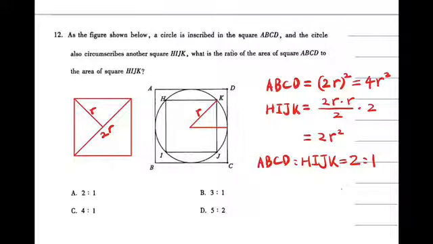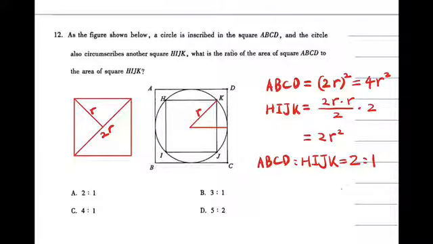The area of the larger one, ABCD, equals side times side, which equals 2R times 2R equals 4R squared. In the smaller square, R equals half of its diagonal. And we can see this square as two isosceles right triangles put together.